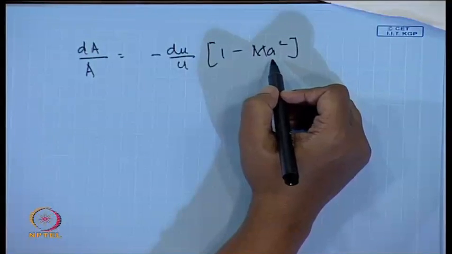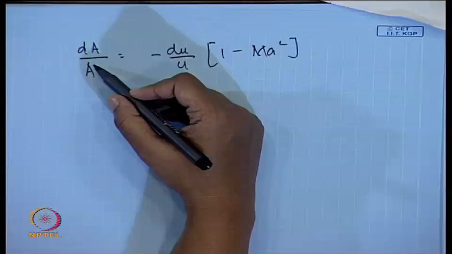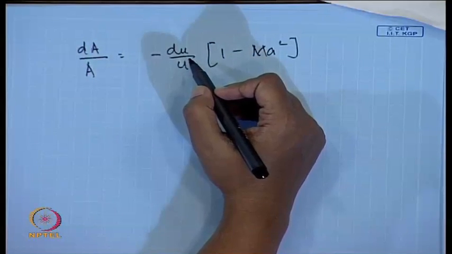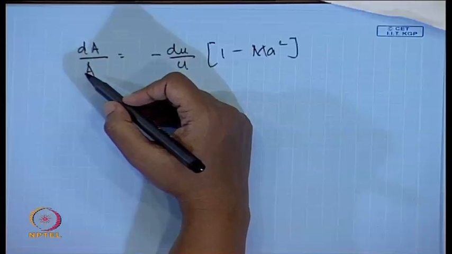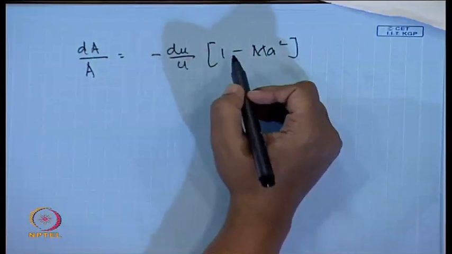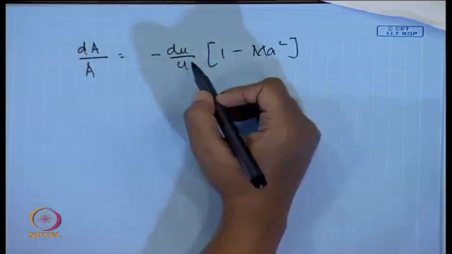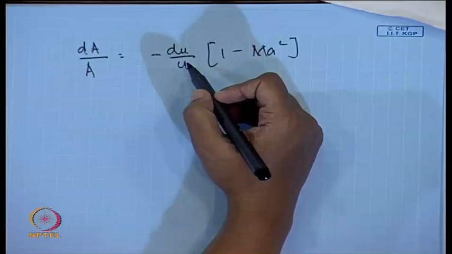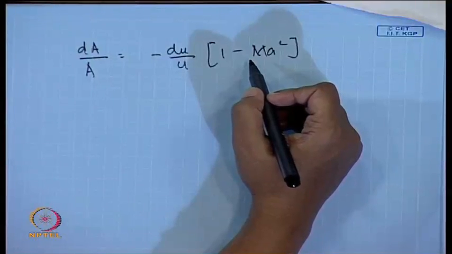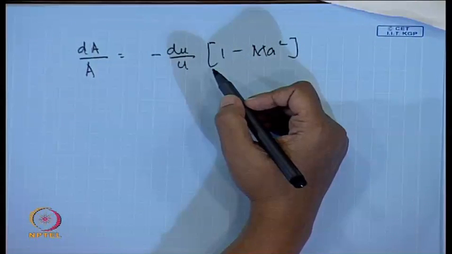If it is less than 1, a positive area change causes a negative velocity change, or in other words, when there is an expansion, we have deceleration or a velocity decrease, and when there is a contraction, the flow accelerates. This is in agreement with what we have observed for incompressible cases. But when Mach number is greater than 1, the reverse situation happens, is it not?